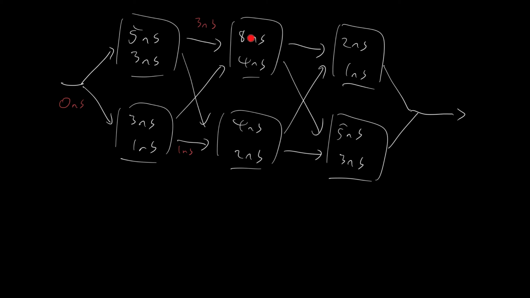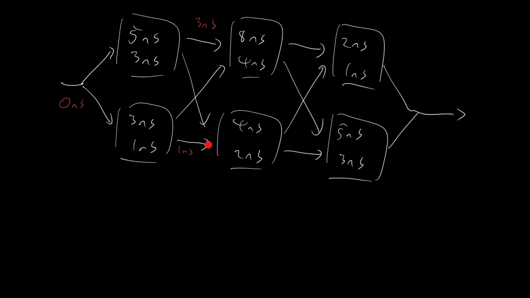If we look at this logic gate, although the first person arrives along this path at time t equals 3 nanoseconds, someone arrives at this logic gate after just 1 nanosecond, because someone gets off the bus, goes through this logic gate in just 1 nanosecond, and arrives here at time t equals 1 nanosecond.